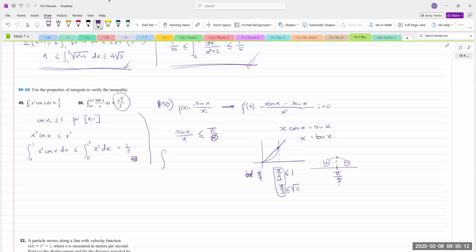But then when we integrate from pi over 4 to pi over 2 of sine x over x dx, this will be pi over whatever that is times the length of the interval, which is pi over 4. So that's the number I can use right now. Pi squared over 4, whatever that is. I'm sorry, I cannot give you the precise answer here.